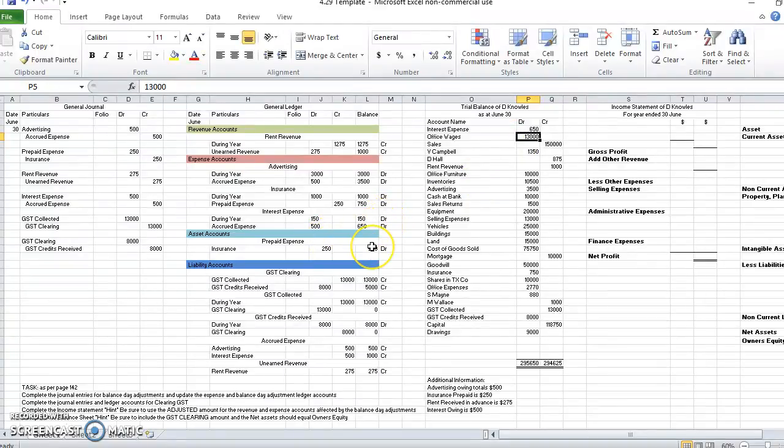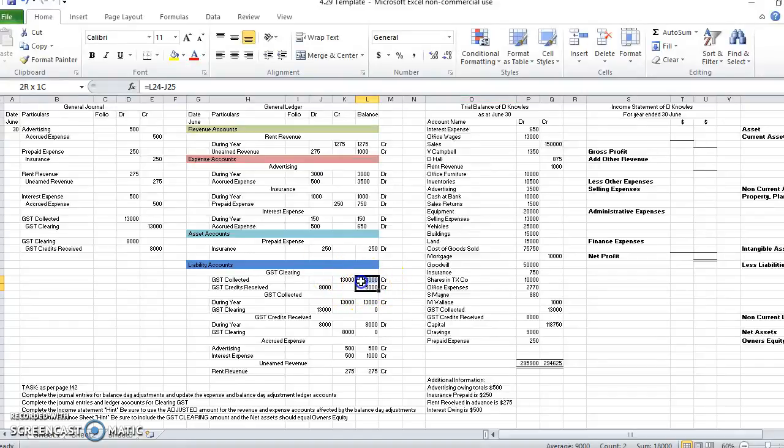And prepaid expense is now prepaid expense. We also need to update the asset and liability accounts because we've created some asset and liability accounts. So we'll now add prepaid expense, debit amount of 250.